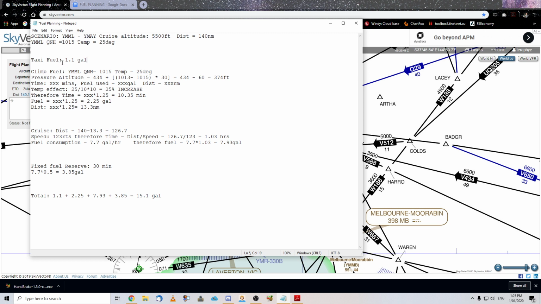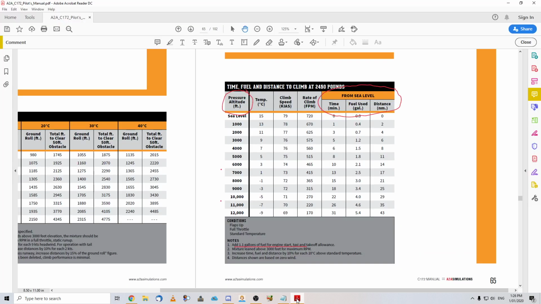So what's the next phase? The next phase is you need to work out your climb fuel. Before we can do all that, we need to work out the pressure altitude.